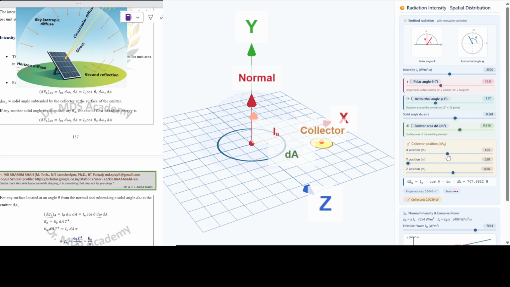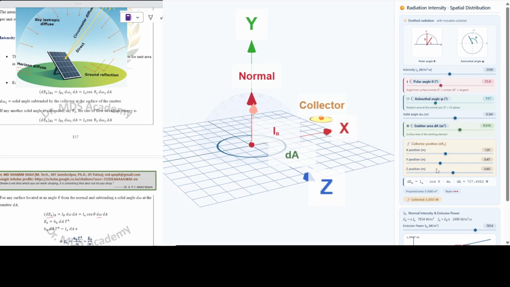Let's put it over here, at 1.01 meter. Now let's change the y position. As we are moving up, more and more energy is being collected by the collector.